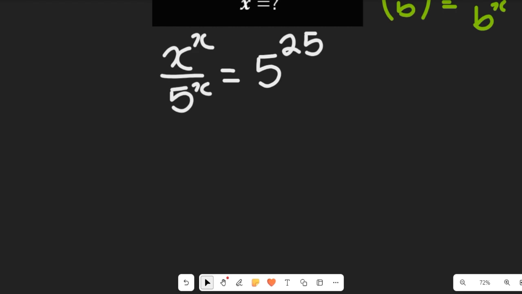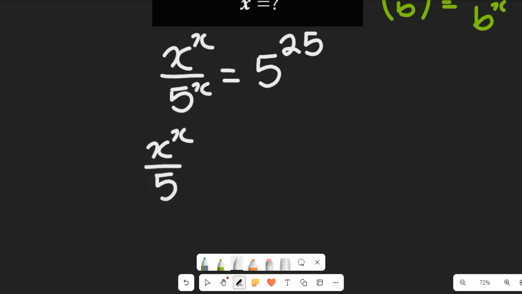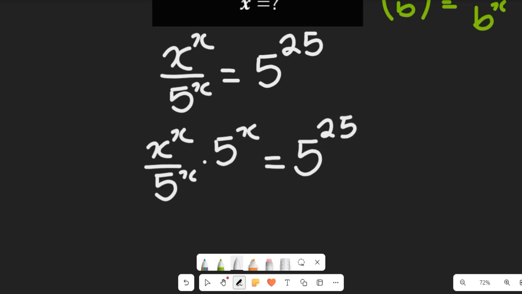Now if I multiply both sides by 5 to the power of x, that expression on the right hand side will simply go off, right? Multiply here by 5 to the power of x and multiply the other side, 5 to the power of 25, by 5 to the power of x.